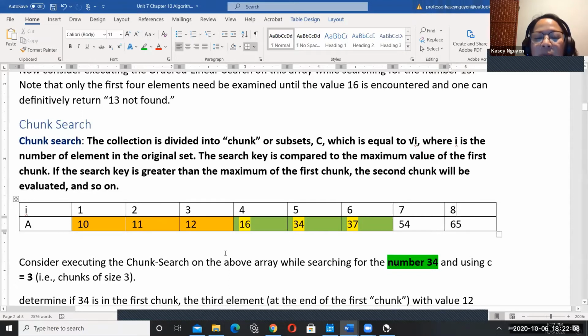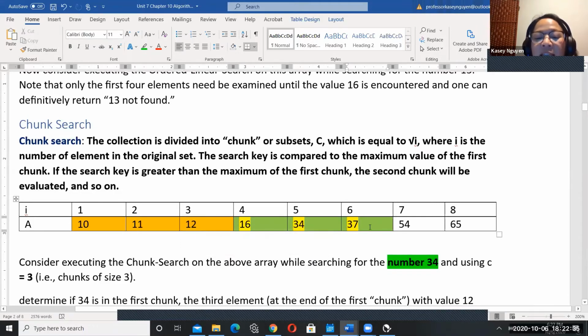It's going to be roughly a chunk of 3 and a chunk of 2, so we ceiling it, we round it up a little bit. First, it's going to look at the highest value in the first chunk. Since 34 is still higher than 12, it's going to move to the next chunk.